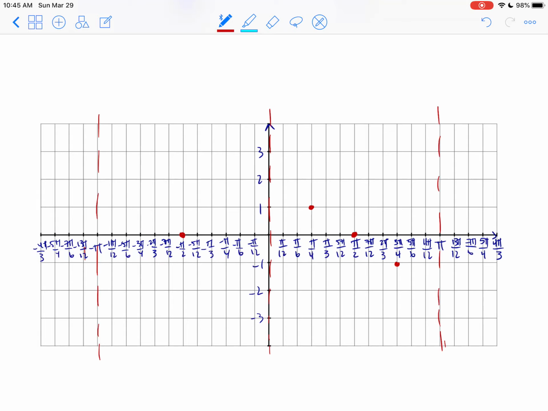Alright. So we have our 1, 0, negative 1 here. And the shape looks the same. Okay, we're going to start at positive infinity. We're going to come through these points sort of in a straight line and then curve down towards negative infinity. So this is what cotangent looks like. This is the most basic cotangent curve.